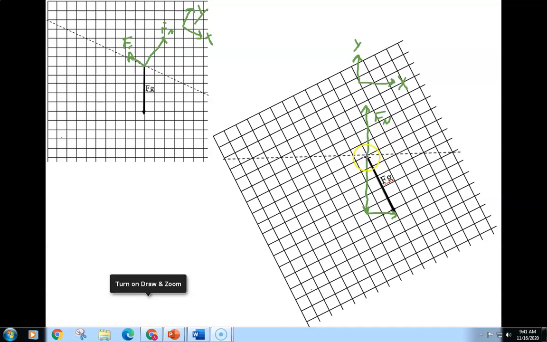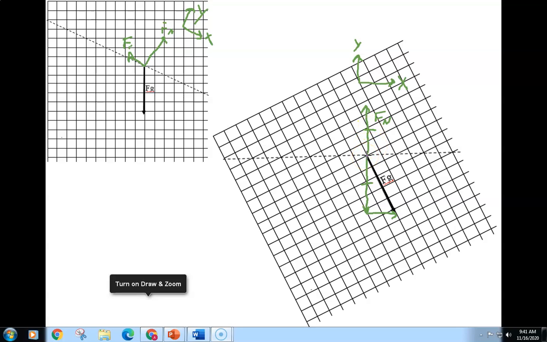My normal force cancels out with this force of gravity that's in the y direction according to my rotated page. So the y component of gravity cancels out with this normal force.